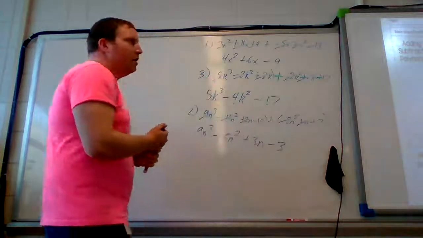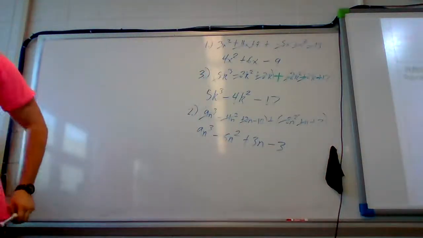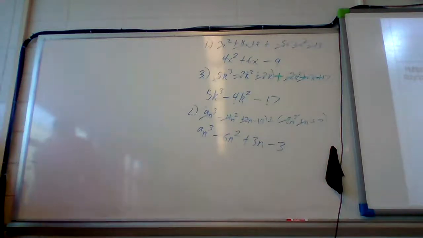Do you want us to do 5? We can do 5 if you want. Number 5 says subtract negative 10ab plus 7a squared minus b squared from 8b squared plus ab minus 2a squared.